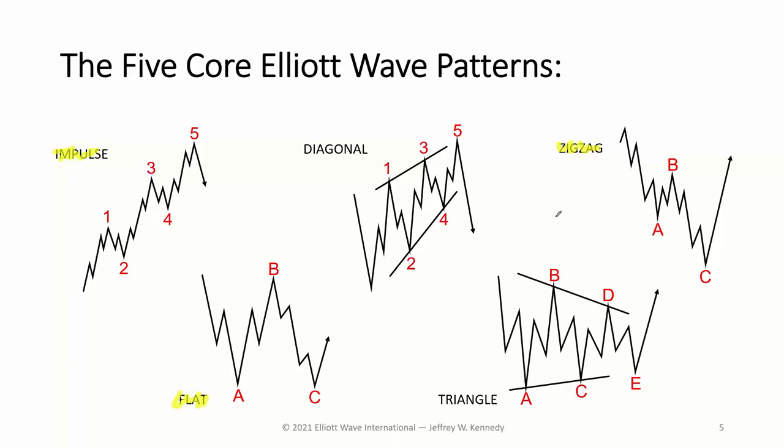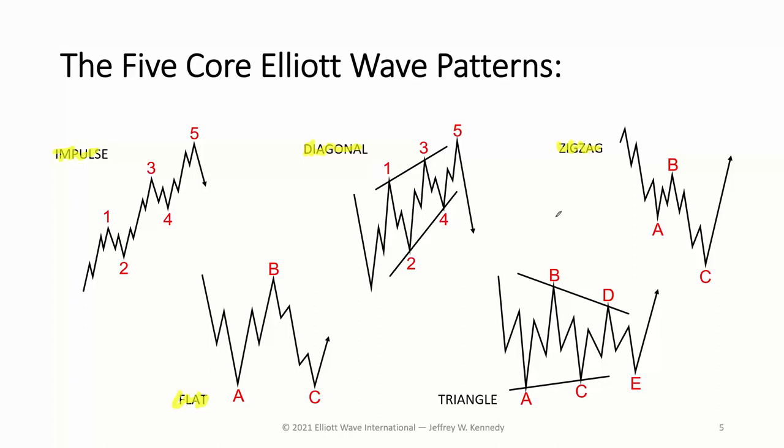Now, when you get to the later portion of a trend, and this would be a very mature markup phase, or as we move into distribution, then that's where you're most likely going to encounter your diagonal. This is a terminating wave pattern, and it can only occur in very specific situations.